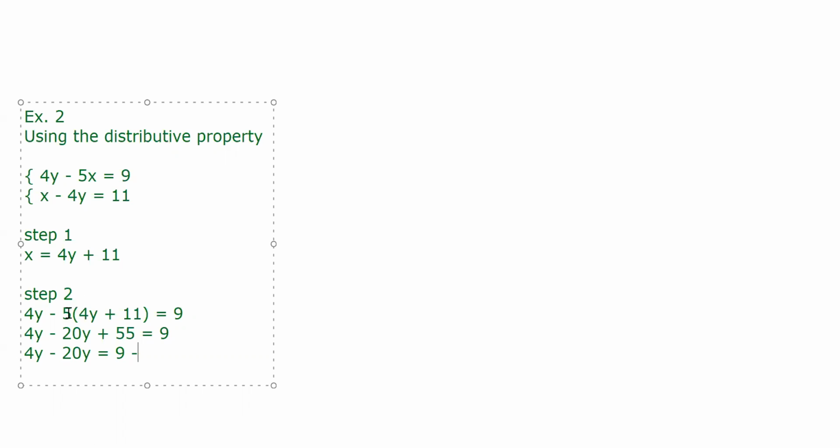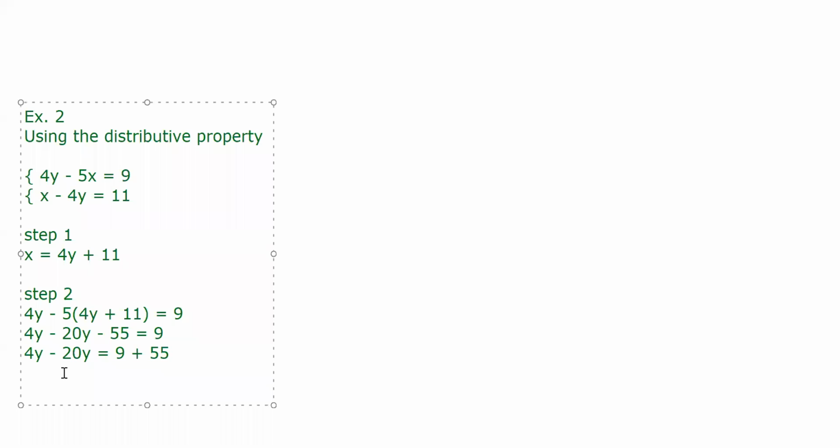It's going to be a minus because this was negative, so we change the sign. Remember that we have the negative in here and we multiply it, so it's negative in here. Then we continue with this and we only subtract. 4 minus 20 is going to be negative 16y. And this is going to be equal to negative 64.